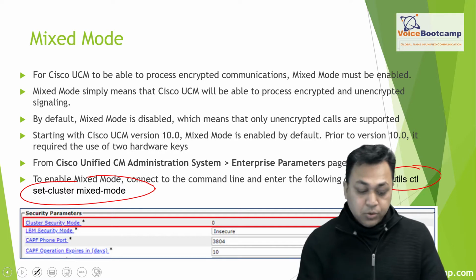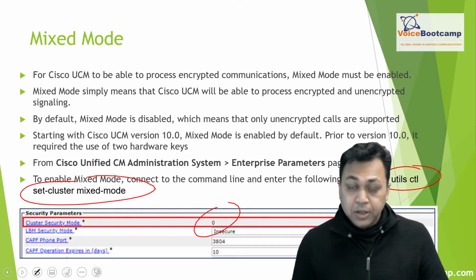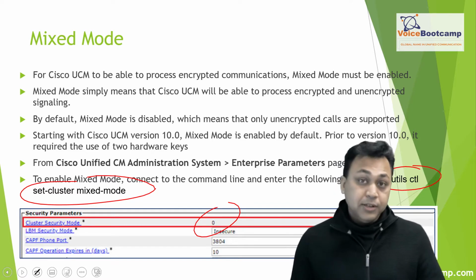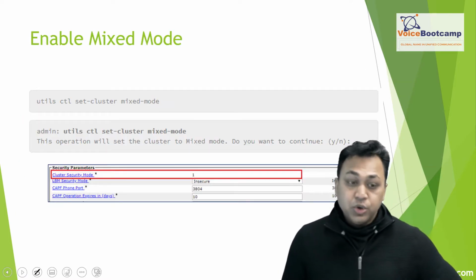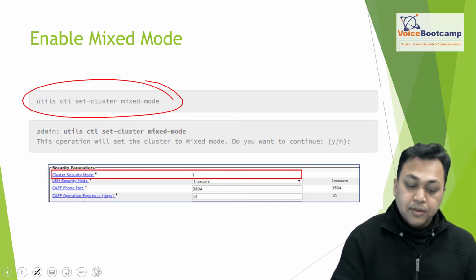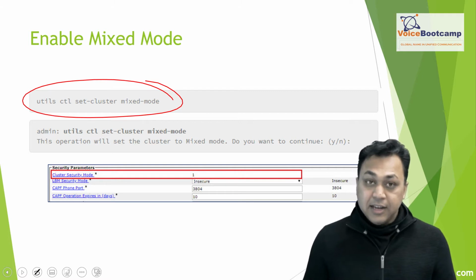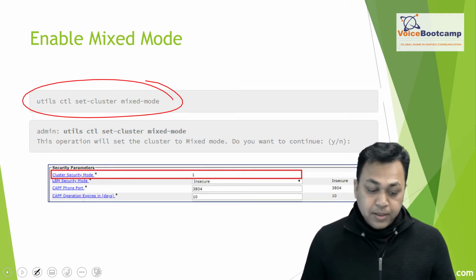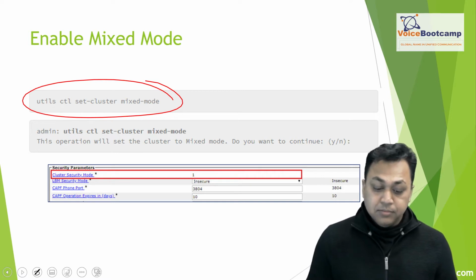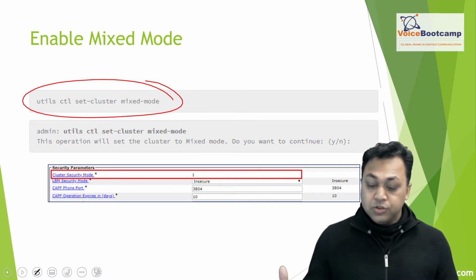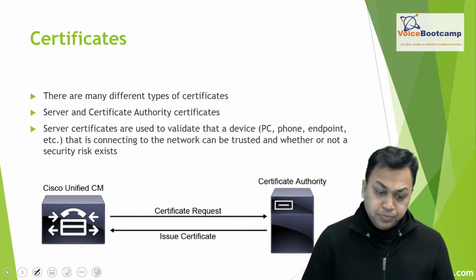And at that moment, when you go back here, you will see the version number set to 1, which is an indication that mixed mode is enabled. Now, to enable mixed mode, simply SSH to your server and issue this command: utils ctl set-cluster mixed-mode. This command may require you to reboot, so feel free to make sure you do that during your maintenance window.